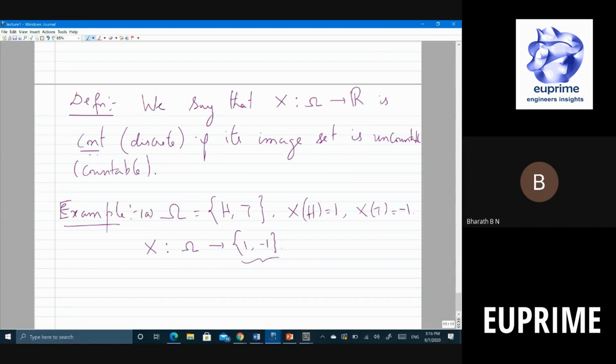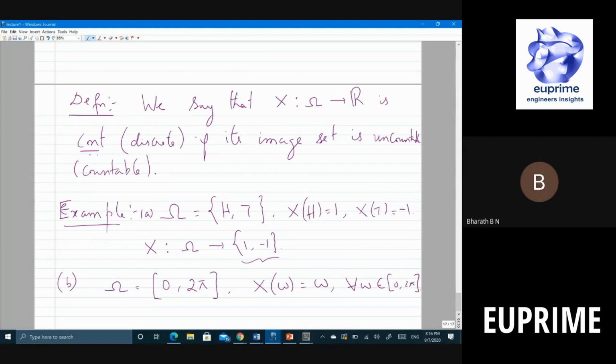Let's look at another example. The same thing, this example is basically 0 to 2 pi, rotating the disk. So X of omega is omega for all omega in 0 to 2 pi. So this is continuous. Why?